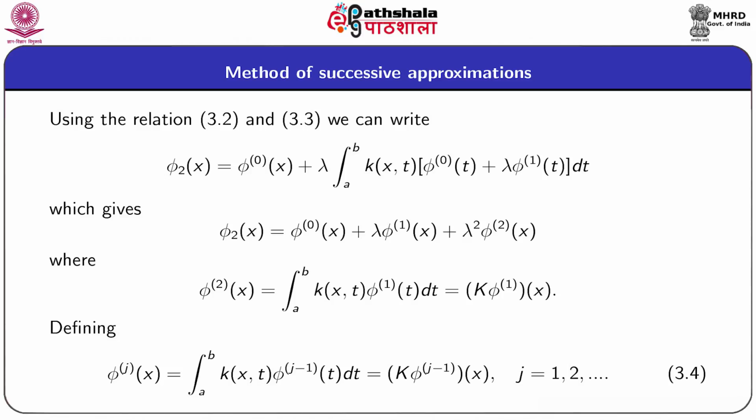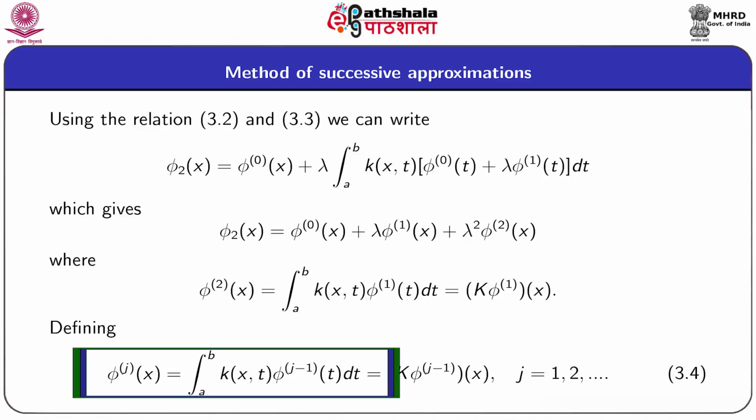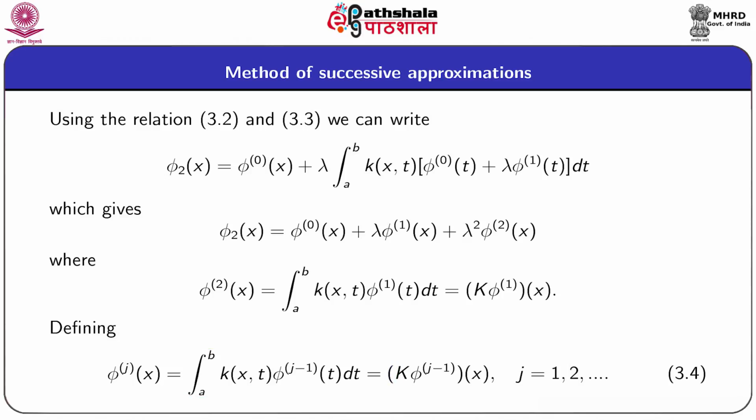So, we can continue in this way, and we define phi superscript j x as the integral a to b k x t phi superscript j minus 1 t dt, which in the operator form can be written as capital K operating over phi superscript j minus 1 x, which gives back phi superscript j x as given in the equation 3.4.